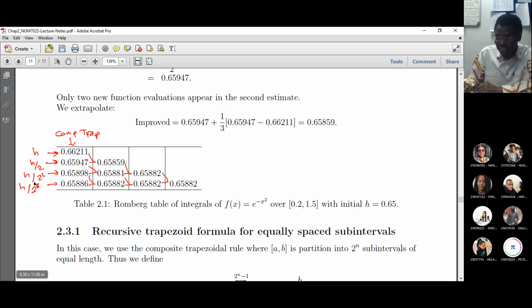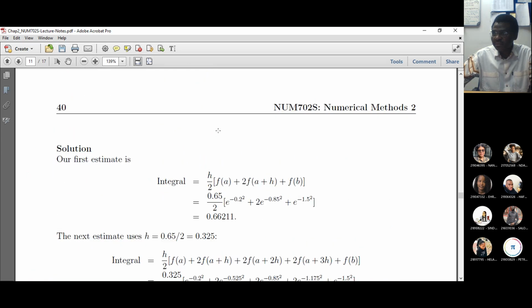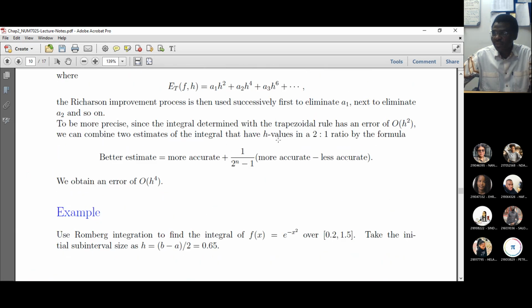It continues; you increase the power of 2, or you divide by 2 each time. So if I am in the current row, the more accurate will be the previous row, minus the less accurate, which is the current row. And that's what we have here in the formula: more accurate, and then more minus less accurate.